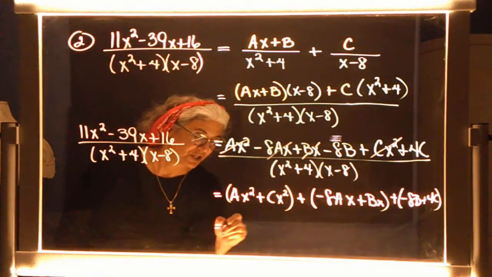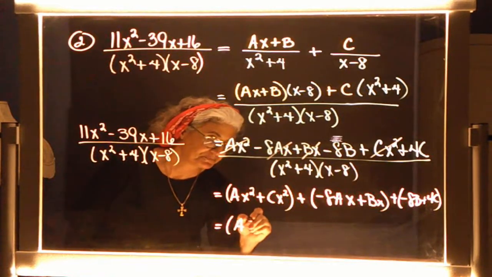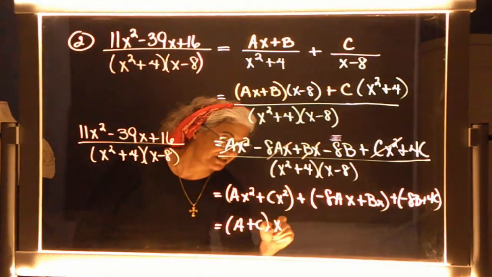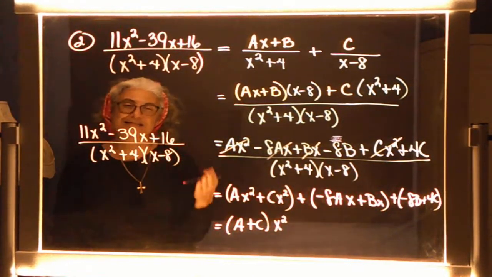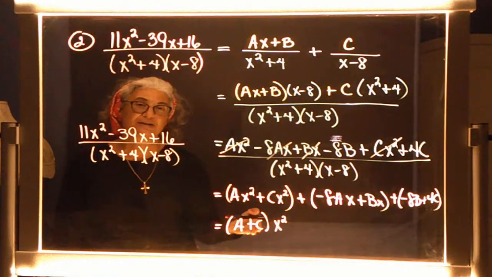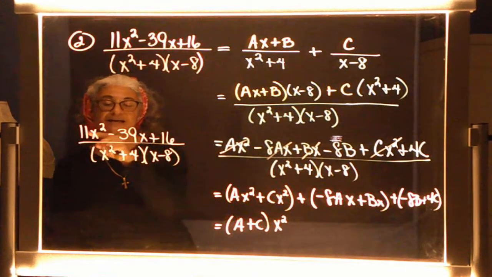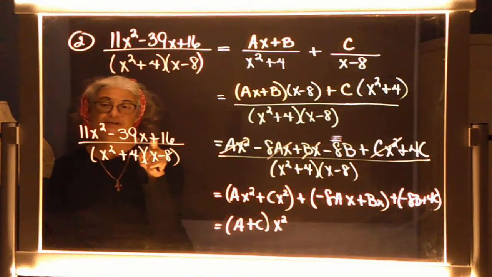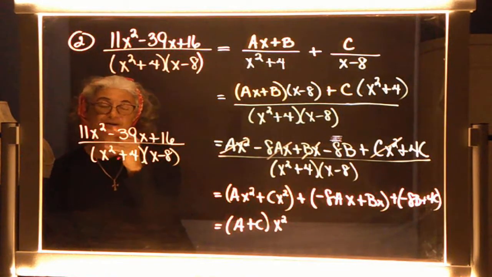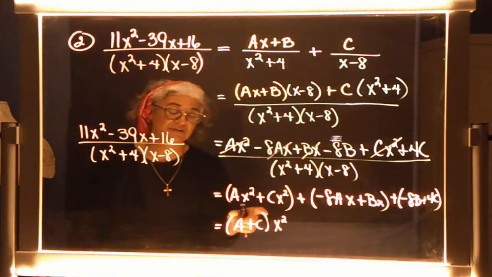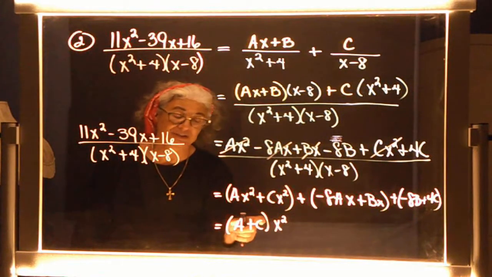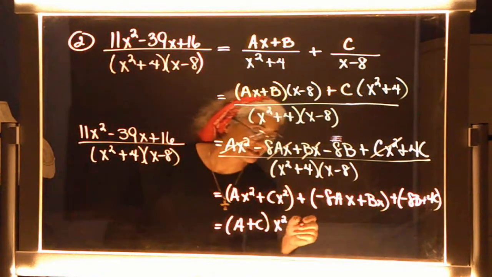Okay. So I am going to take out the x squared that's in common, so I can see this numerator in the same light as this numerator. Notice this is 11x squared. So I'm going to factor out that x squared so I see a plus c with the x squared outside of it.